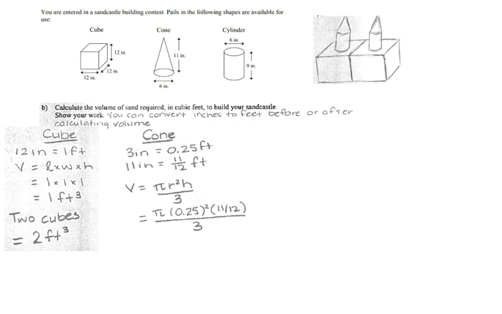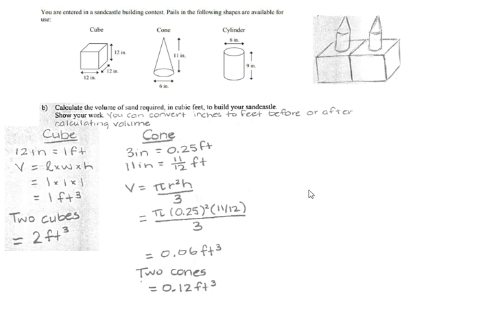So pi, again, you should use the pi button on your calculator. The radius we figured out was 0.25 feet, so 0.25 squared. And then again, I'm using my 11 divided by 12, not that decimal number. Multiplying all those, divide by 3, and I should get 0.06. So that gives me 0.06 feet cubed for one cone.